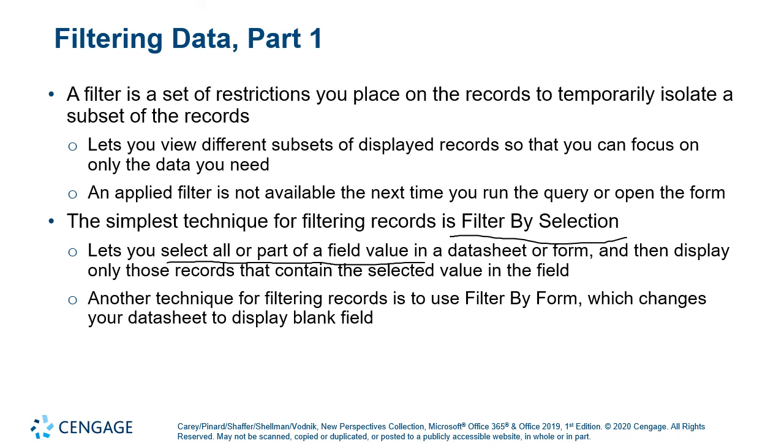Another way to do it is to use filter by form, which displays all possible field values. Then you can pick one of those values, and those records will be displayed, which we'll discuss in the future. At this moment we only talk about filter by selection.